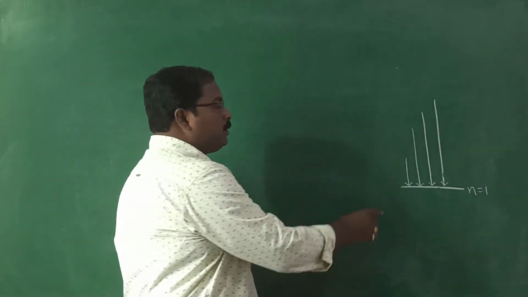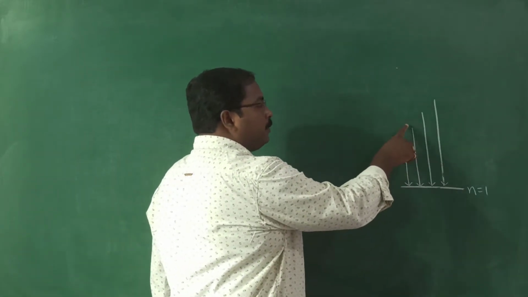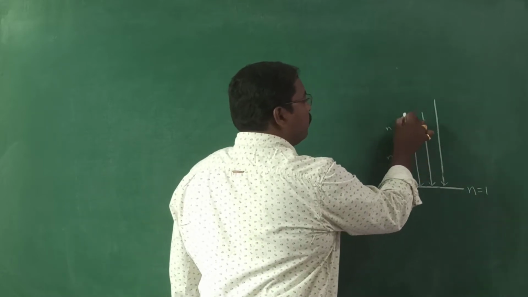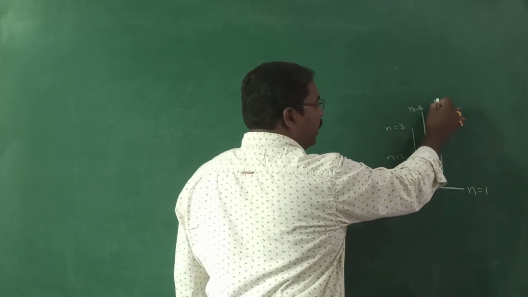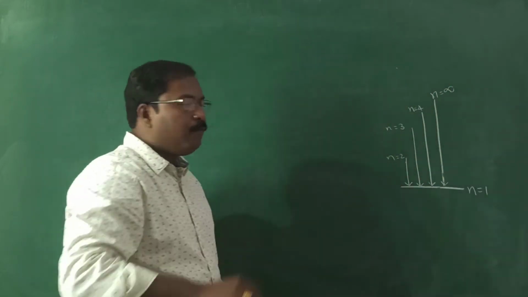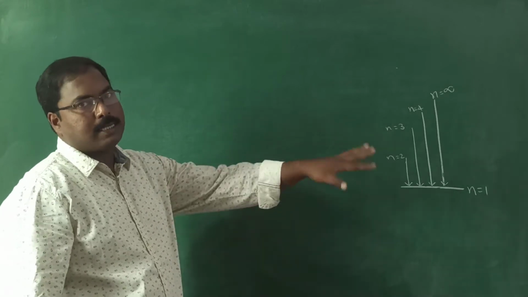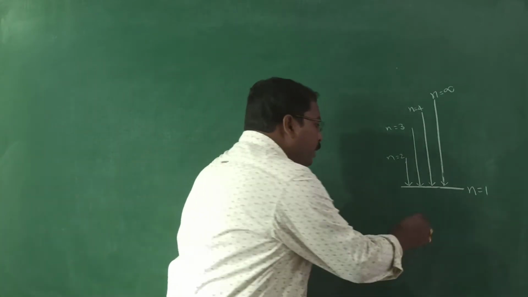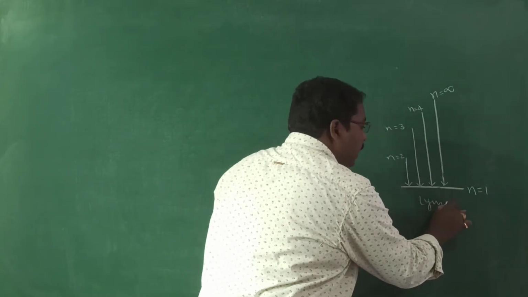Okay? This is from second orbit, this is from third orbit, this is from fourth orbit. Let it be this is from infinity, meaning the last line. Got it? So this I have written in the case of Lyman series.